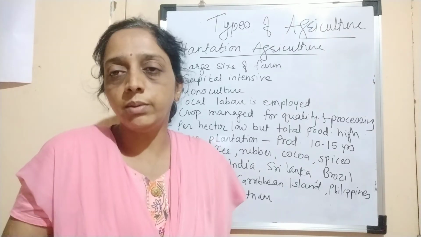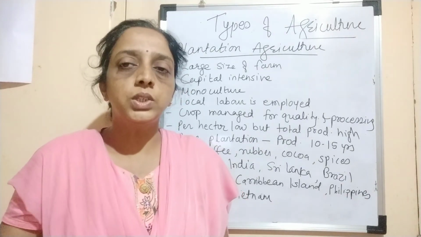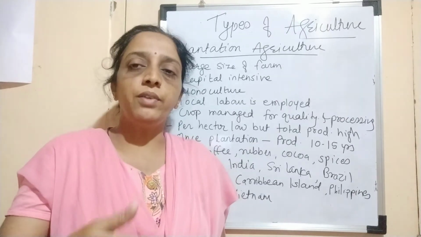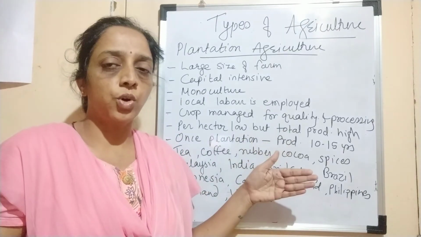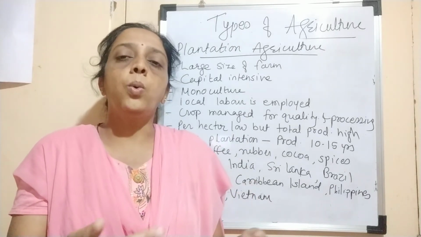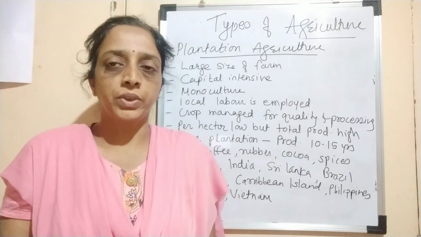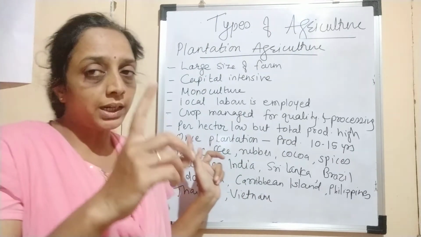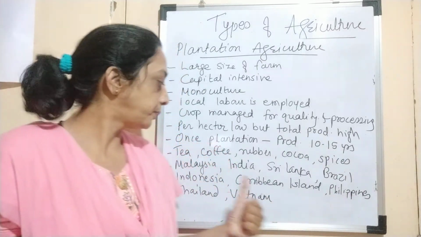There is no need to plant again, unlike wheat, jowar, bajra, where we need to sow the seeds after every harvest. But in these types of crops, once you sow the seeds and the crop grows, there is only harvesting, no sowing of seeds every time. So once plantation is done, production is taken for 10 to 15 years.